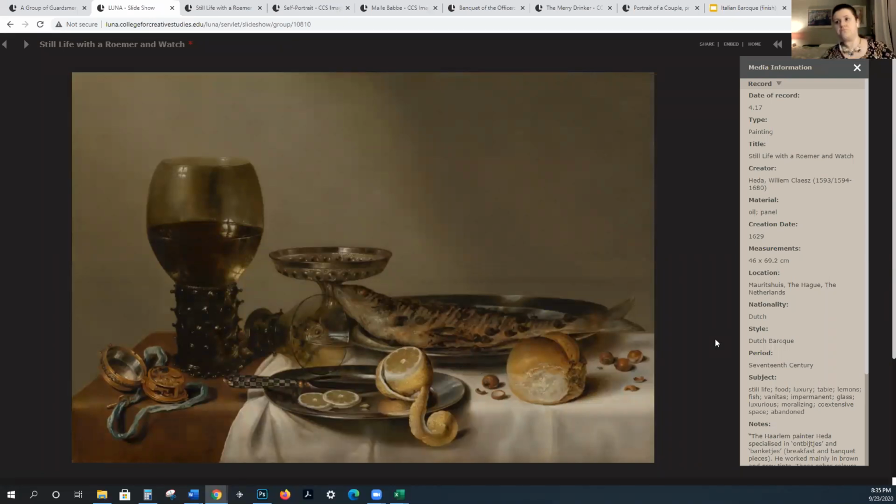But this is not just an assortment of things that they thought would be pretty together. This is very deliberate. So what you see here is a lemon, and lemons are an example of wealth. Okay, so you would have to be wealthy in order to be able to buy lemons, because they're not growing naturally in the Netherlands. They would have to be imported, right?